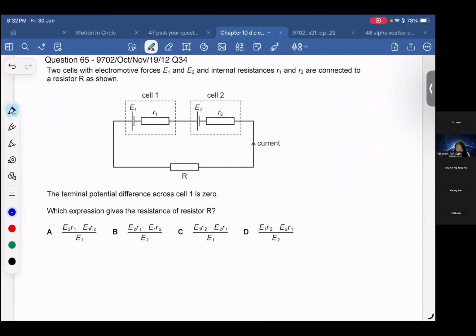Two cells with electromotive force E1 and E2 and internal resistance R1 and R2 are connected to a resistor R. The terminal potential difference across cell 1 is 0. Which expression is correct for R?